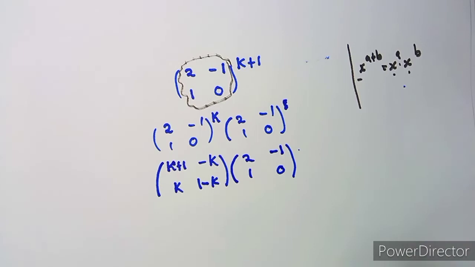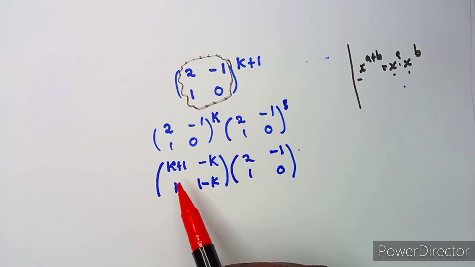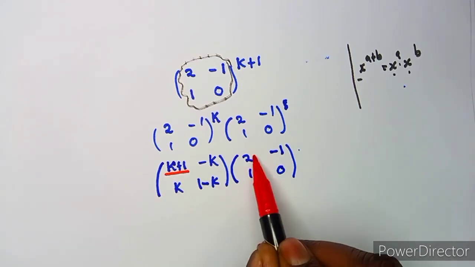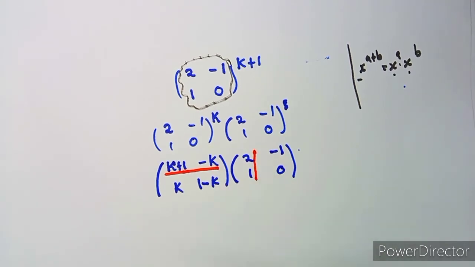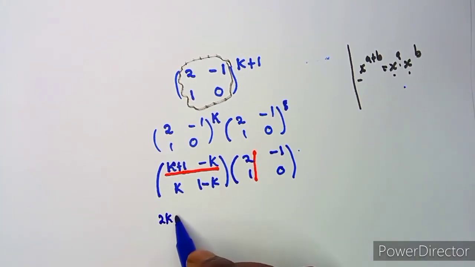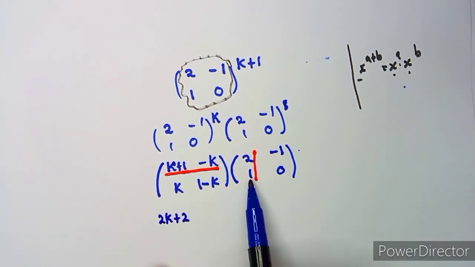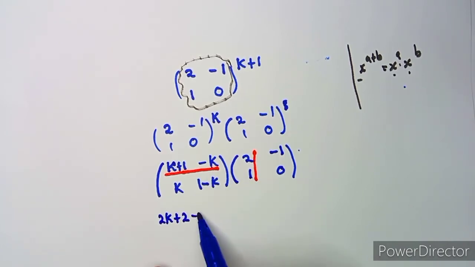You are back to your O-level mathematics, row by column. In this case, we've got this row by this column here. So let's multiply properly. It's 2 times k, which is 2k, plus 2, minus 1 times k, which is minus k.